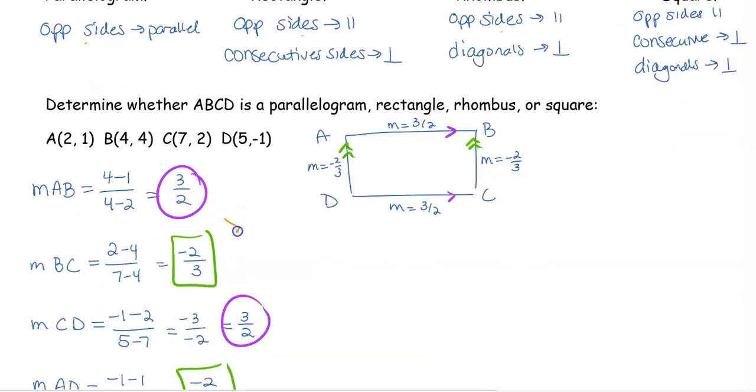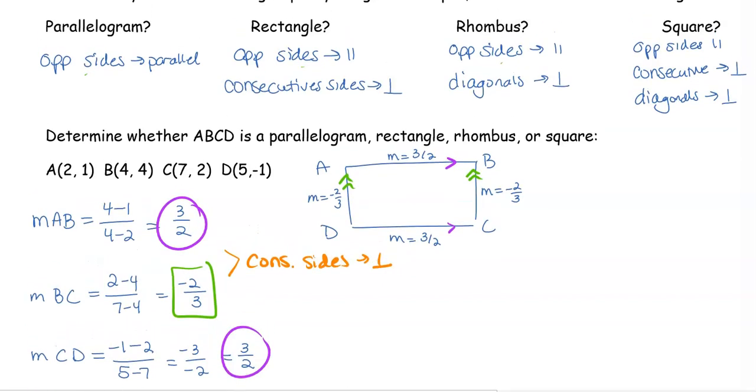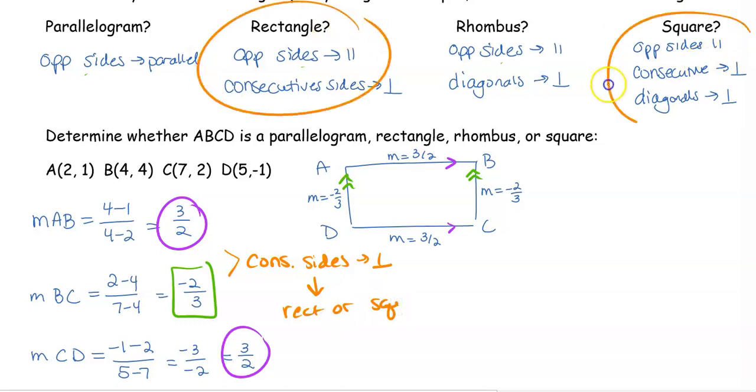Yes, they are. So this tells me that consecutive sides are perpendicular. So from here, the only two shapes that have consecutive sides being perpendicular is a rectangle or a square. So I know my two options is going to be one of these two, because those are the two that have corner right angles. And we know we have corner right angles based on the fact that consecutive sides are perpendicular to each other.